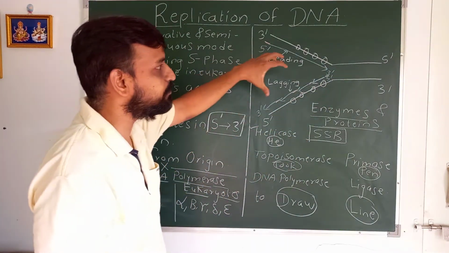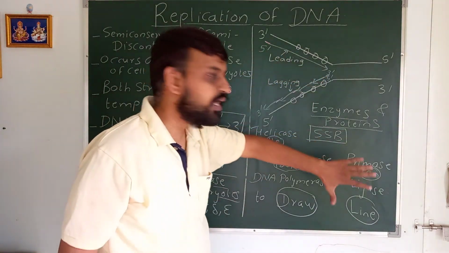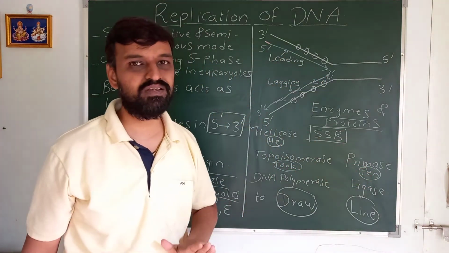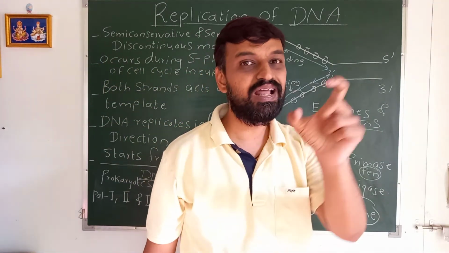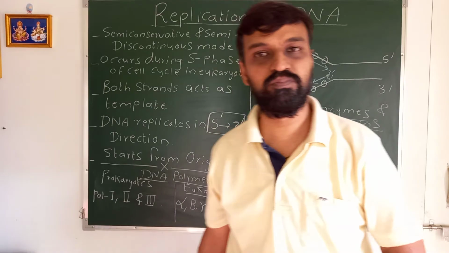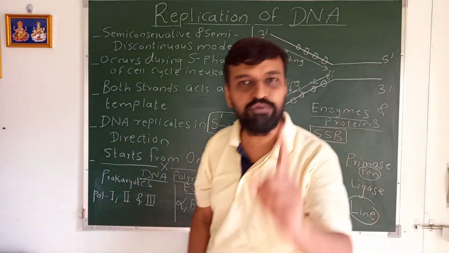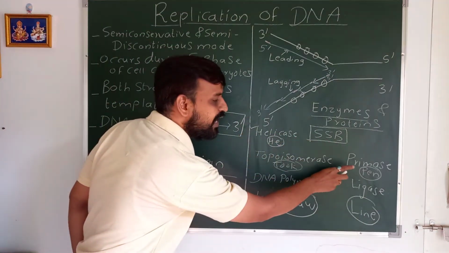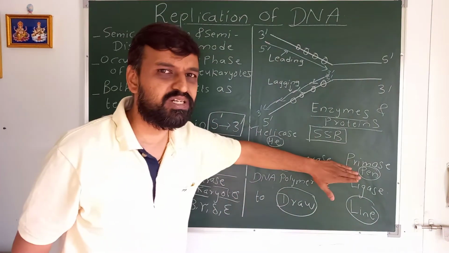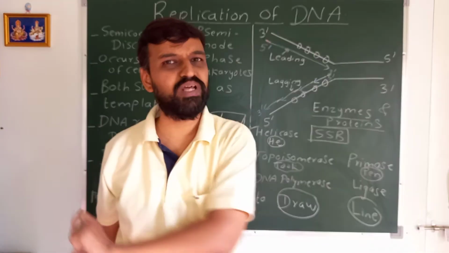And now the main part. After this, primase. As you know, for the starting of the process, they require a 3' hydroxyl group to begin. So the first very important step is carried out by, you can say, RNA polymerase, which will synthesize a short oligonucleotide.